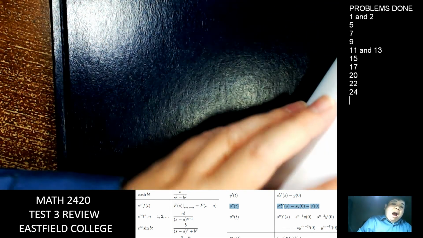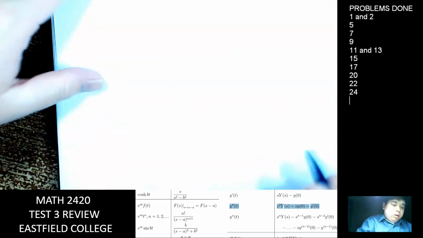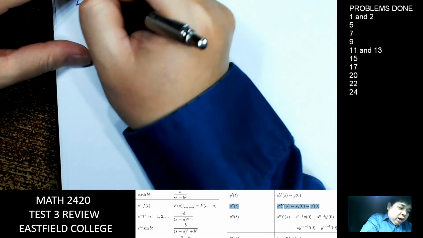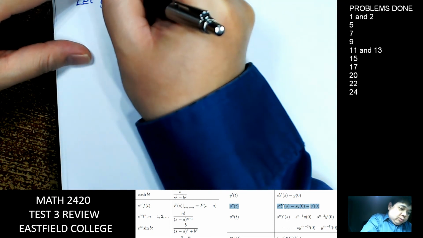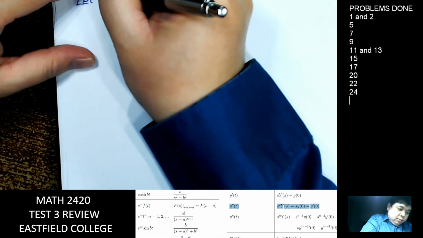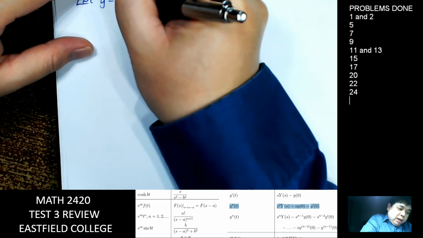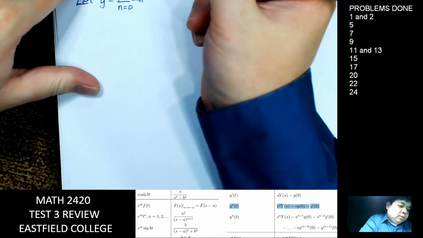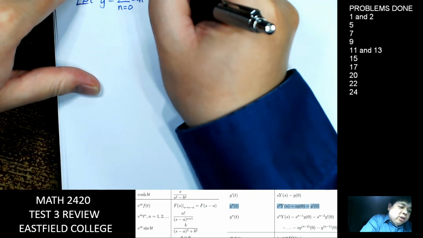So this is the power series solution. So we start with, let y equal to the series a_n x to the n. We'll take derivative.